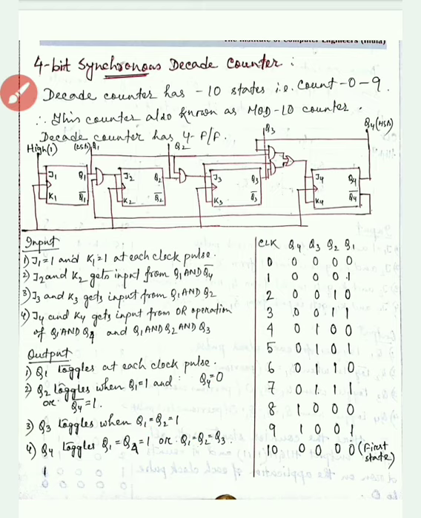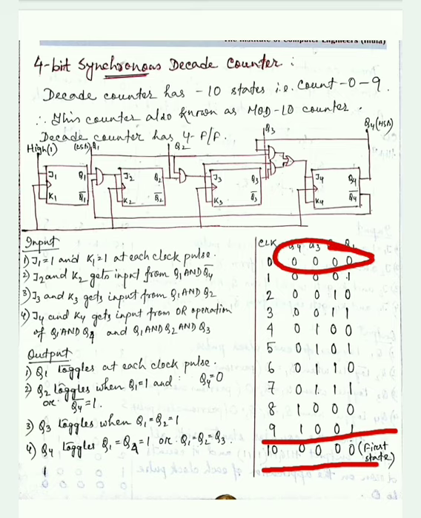You see here in this truth table, when we get the counting 9 value, then at the 10 count the flip-flops reset and go to their first state 0 0 0 0. That means it again starts counting from 0 to 9.